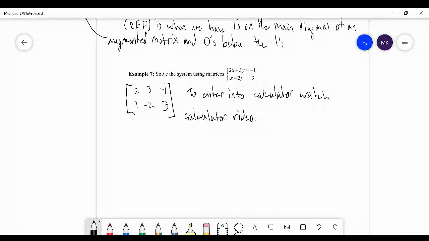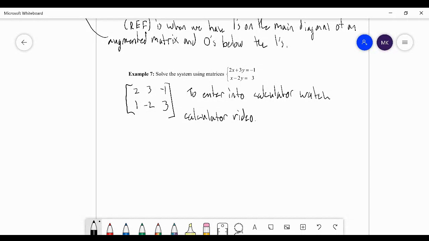This is going to be a second video that's following this that goes through entering a matrix into your calculator to solve systems of equations. I'll go through both doing row echelon form and also the next form that we're going to talk about here in just a minute.